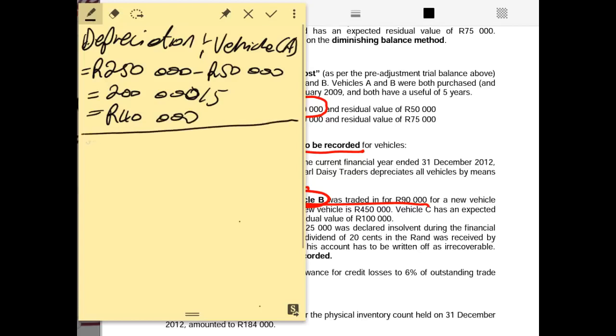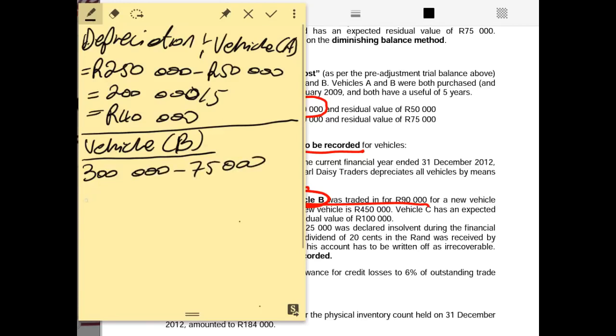Therefore, for vehicle B depreciation for the full year, we use the same method, because they told us that it is the straight line method for both vehicles A and B. So the cost of motor vehicle B, which is the vehicle that was sold, was 300,000 rands, and the residual value was 75,000 rands.